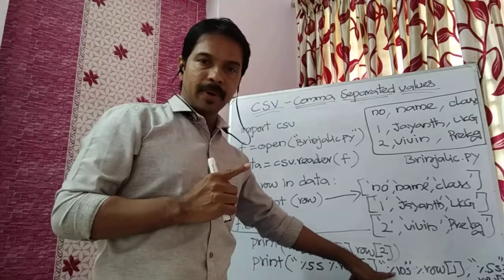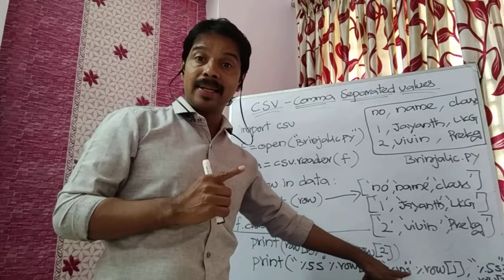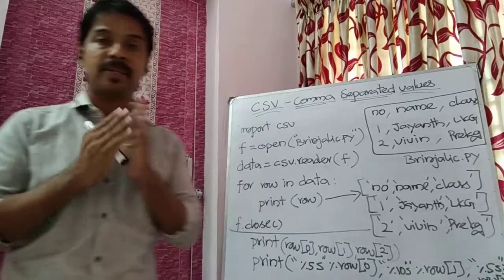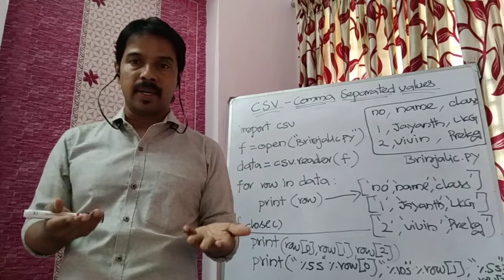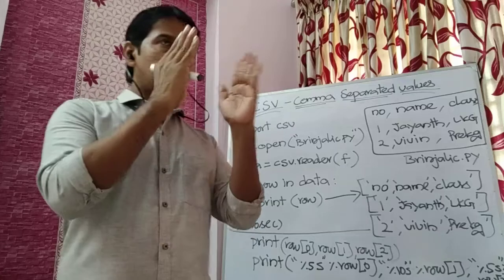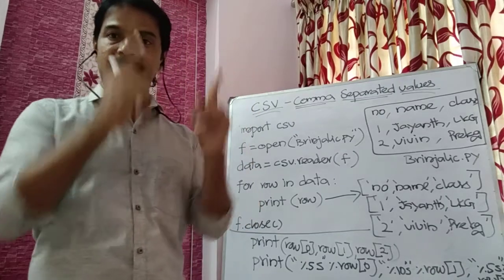Second one, percentage 10 s. Percentage s means it's a string. Whatever we are getting in string format, we are allocating space for each field.